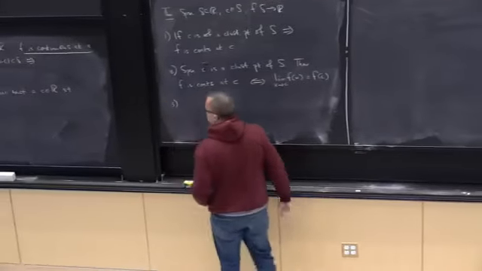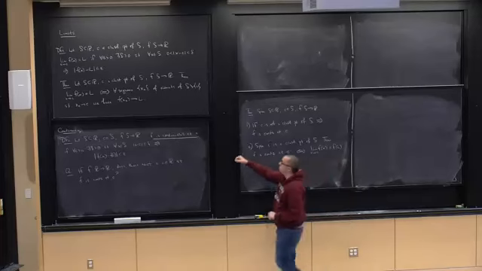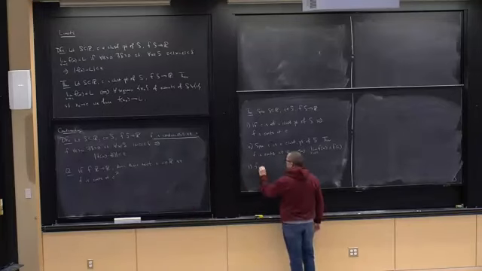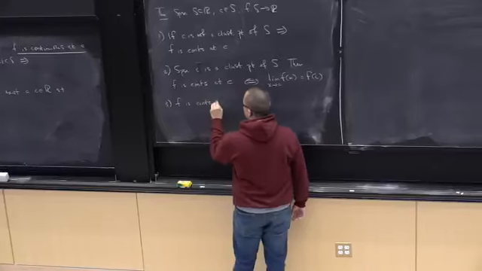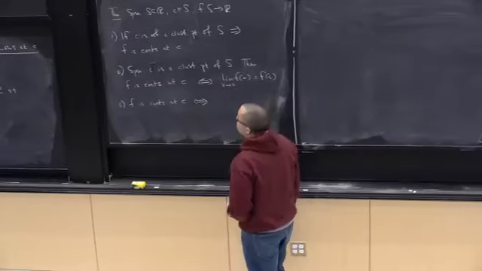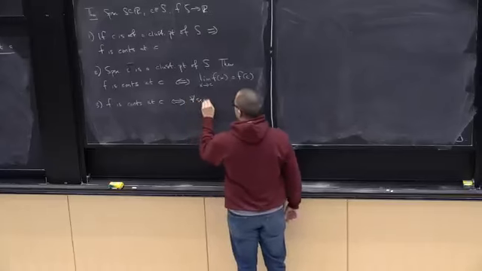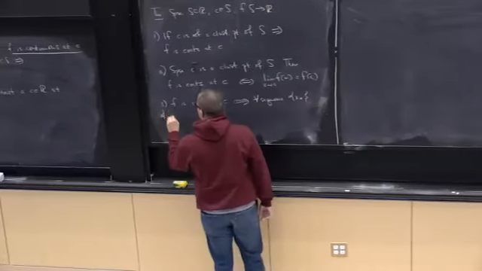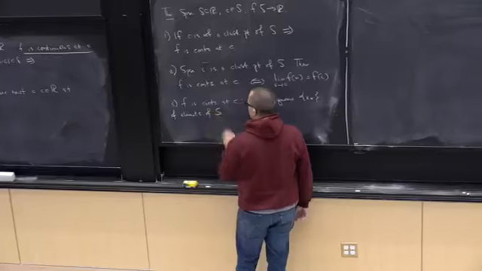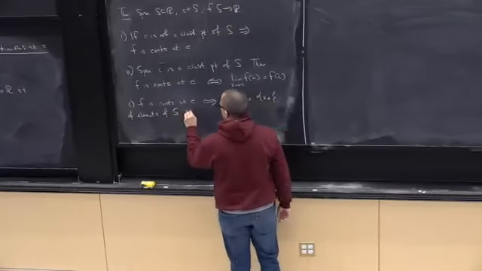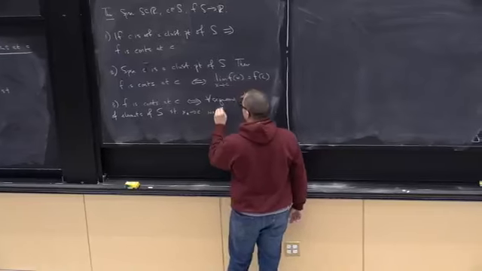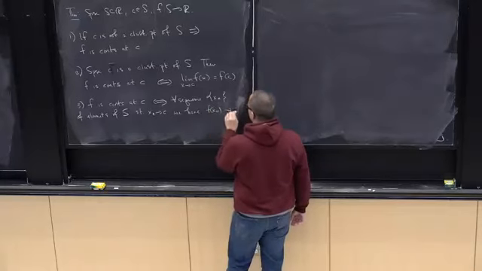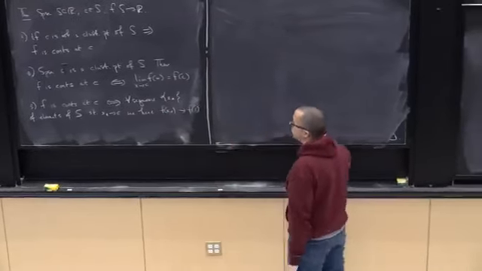And the third part of this theorem, which is now the analog of the theorem we proved for limits, is the following. f is continuous at c if and only if for every sequence x_n of elements of S such that x_n converges to c, we have f of x_n converges to f of c.